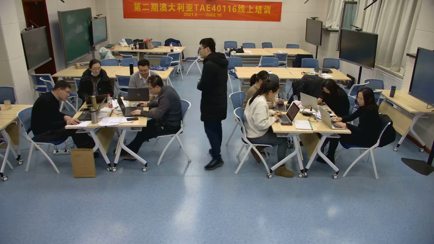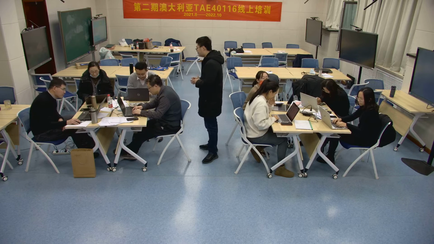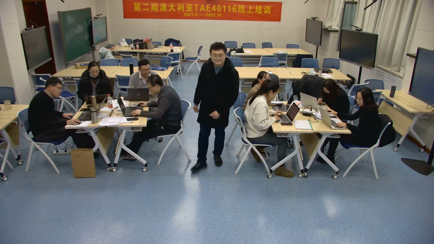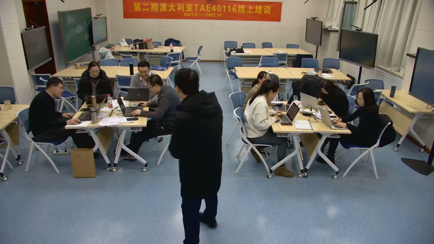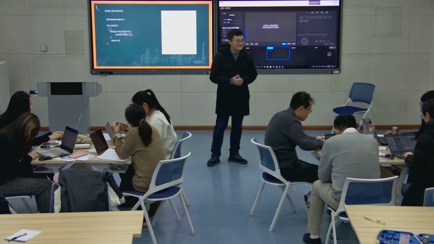So loop structure means that we do the same thing repeatedly and output several results. Right? So even if you just repeat your daily life, every day is different, right?